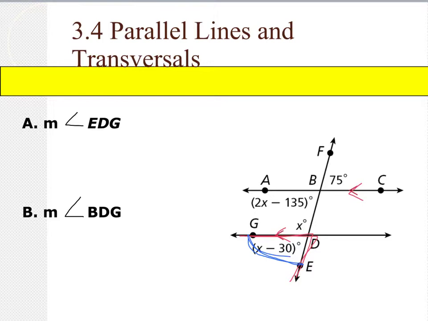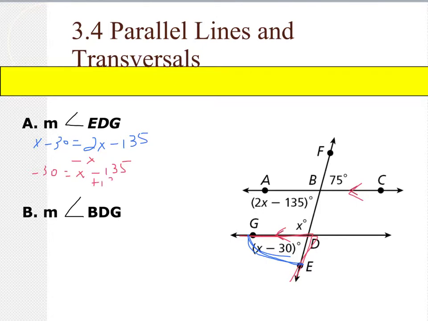We could set an equation equal to 2x minus 135. If we do that, we're going to bring our x's over together, minus x. So we have negative 30 is equal to x minus 135.